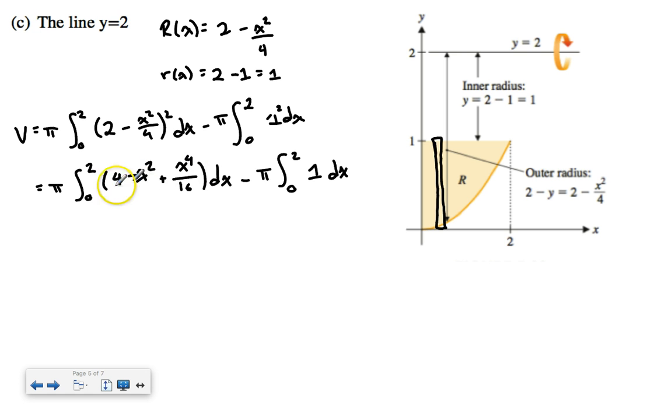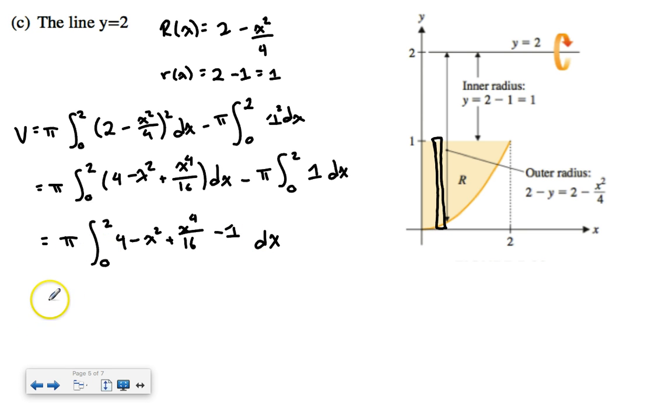Now that this has been FOILed out, I can combine it back to a single integral. Just like the last example, I can factor out a single pi and throw it in front. So you get pi times the integral from 0 to 2 of 4 minus x squared plus x to the 4th over 16 minus 1 dx.